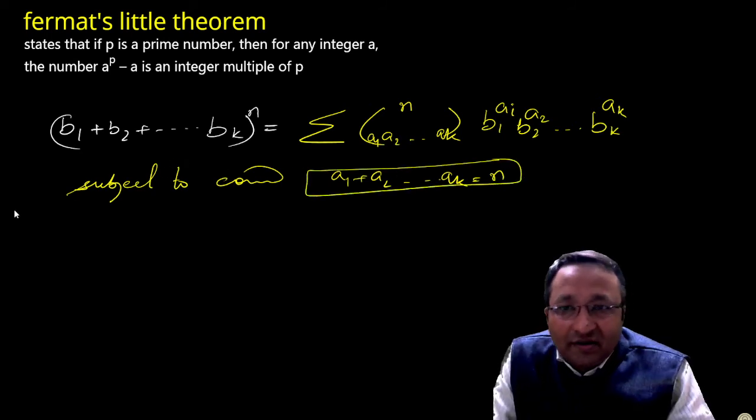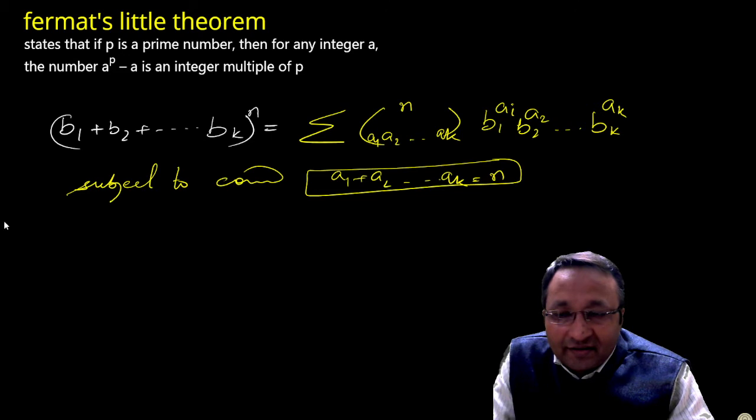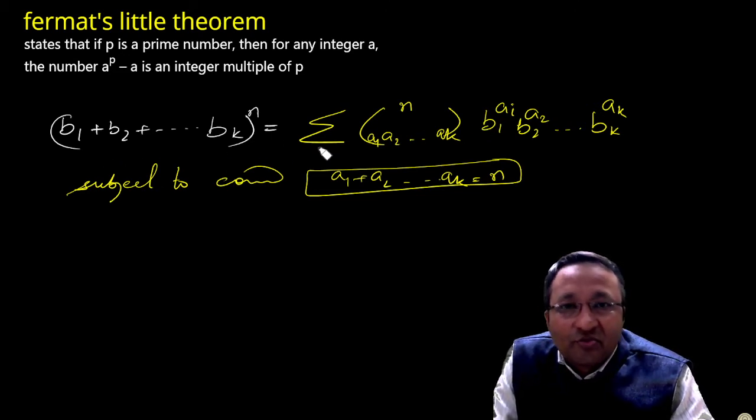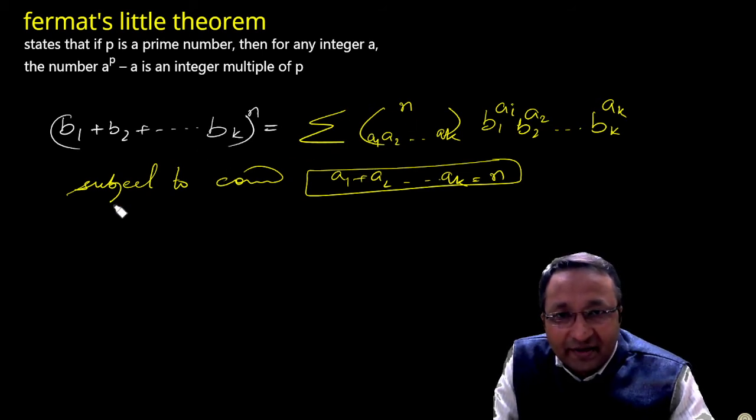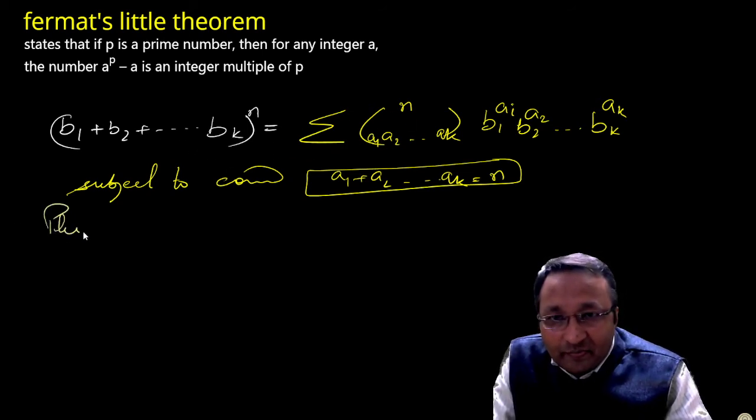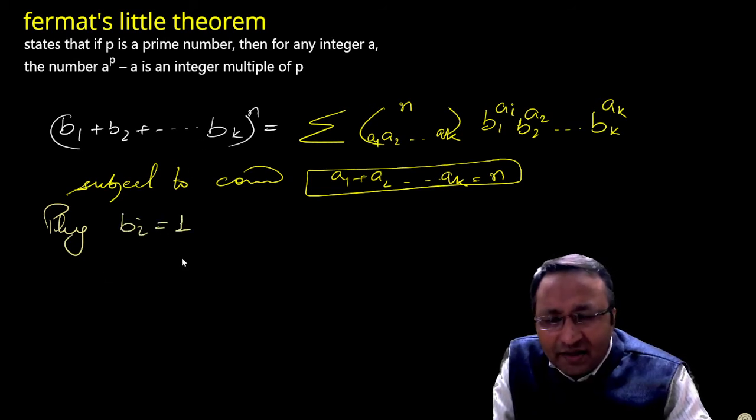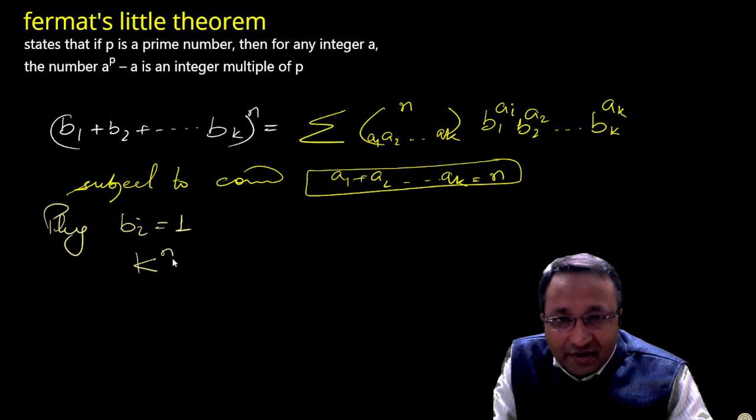Now if I look at this expansion, this basically is an identity, so it is going to be true for all b1, b2, b3, bk irrespective of the values of bi. So plug in all bi equal to 1. On the left hand side you get k raised to n.